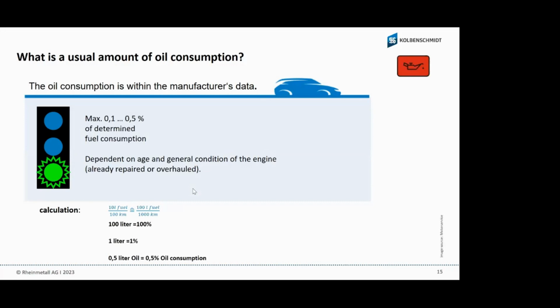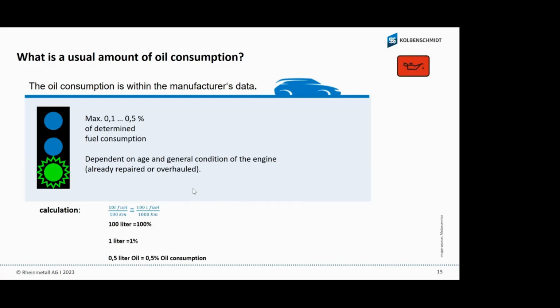That means 100 liters is 100%, 1 liter is 1%. And when we speak about 0.5% oil consumption, they need 0.5 liter of oil. When we see this, it's a lot of oil, but the manufacturers say this can be normal.